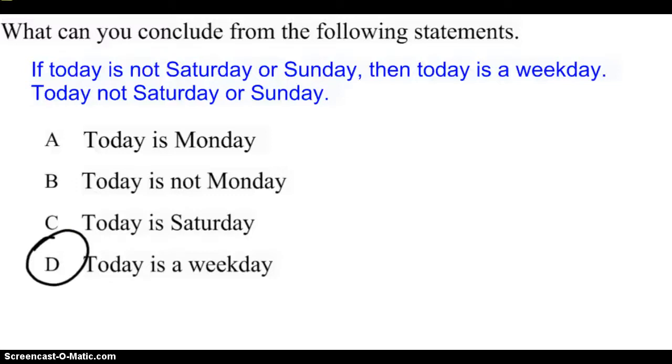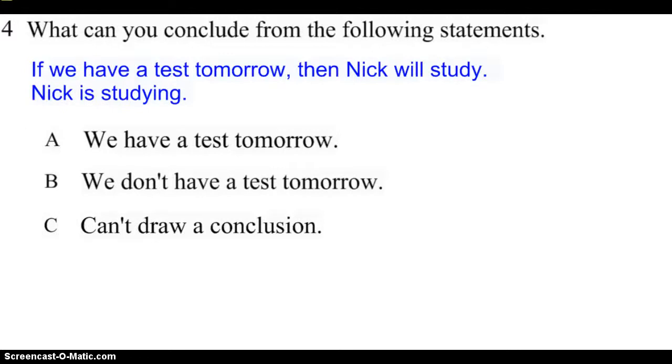Now let's look at a second example. If we have a test tomorrow, Nick is studying. Nick is studying. Can you conclude A, B, or C? Hopefully you picked C, that you can't draw a conclusion. The hypothesis is if we have a test tomorrow, and the conclusion is Nick is studying.